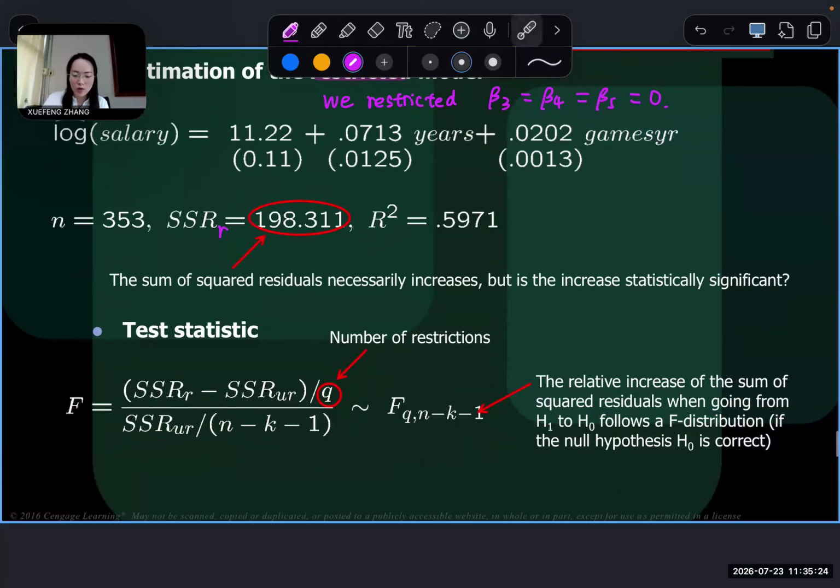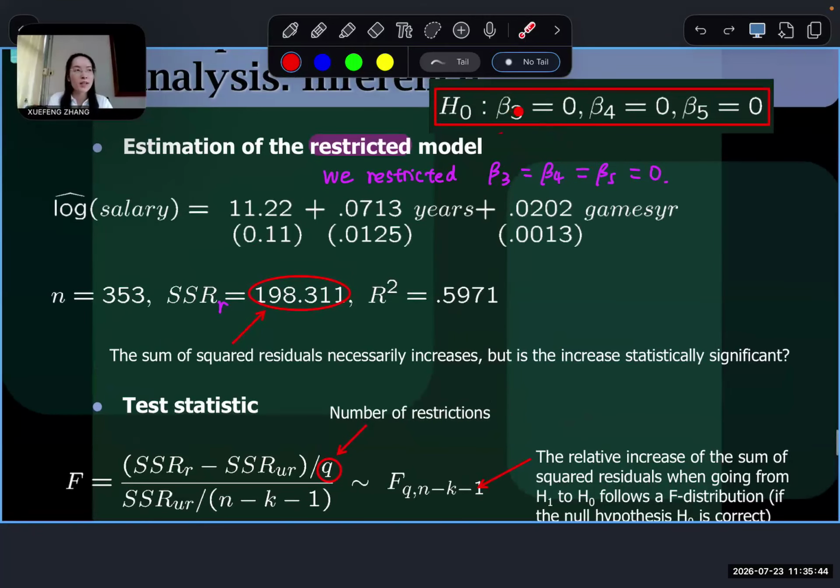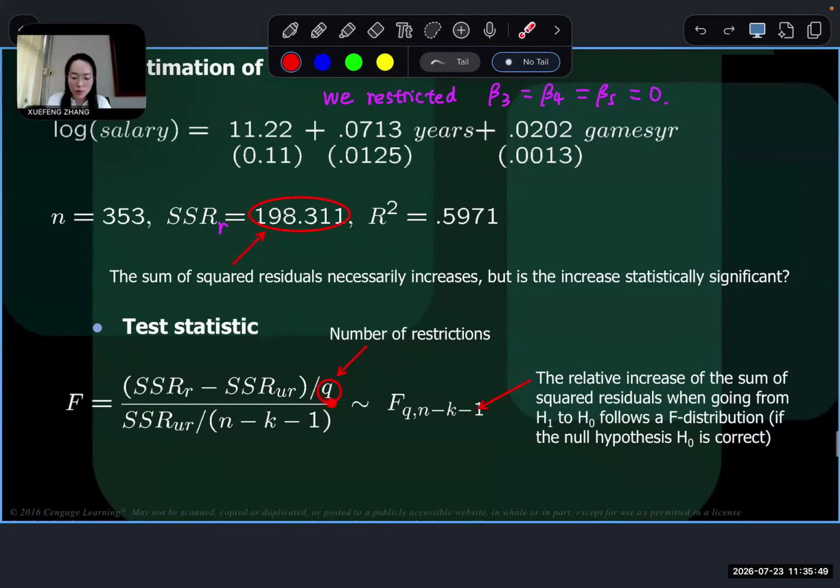That's exactly what the F-test measures. Let's see the formula. SSR restricted minus SSR unrestricted, divided by the number of restrictions. How many? We have beta 3, beta 4, beta 5: 1, 2, 3. We have three restrictions, that's why Q equals 3. In the denominator, SSR unrestricted divided by the degrees of freedom, which is n minus k minus 1.